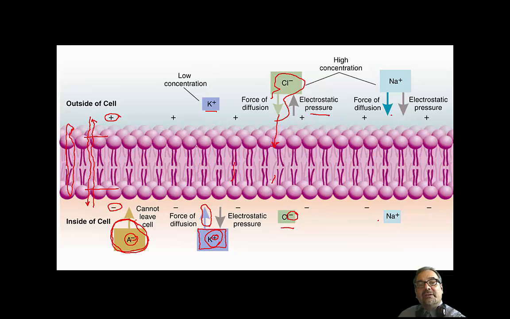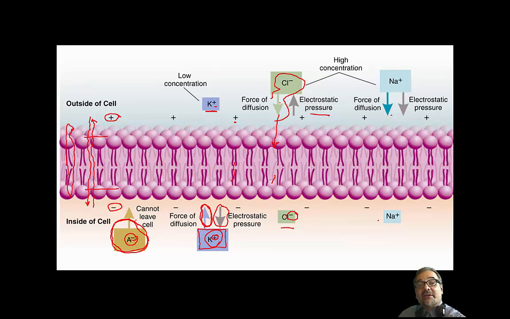So there is always an electrostatic pressure for different ions to either stay or leave. In this case, for example, potassium is positive and the outside is positive, so the electrostatic pressure actually is to send it in. You can see the electrostatic pressure here is represented as an arrow to the inside, while the diffusion force, because of the gradient of concentration, is going to force the potassium to go to the outside.